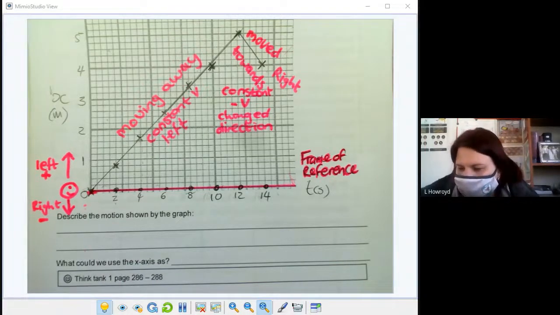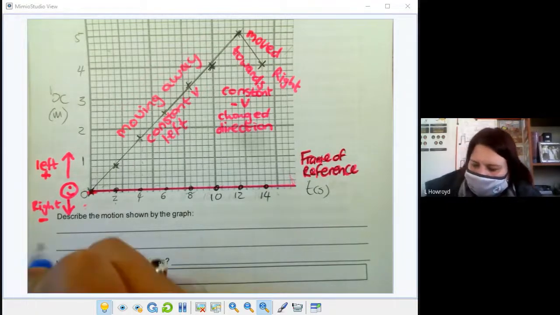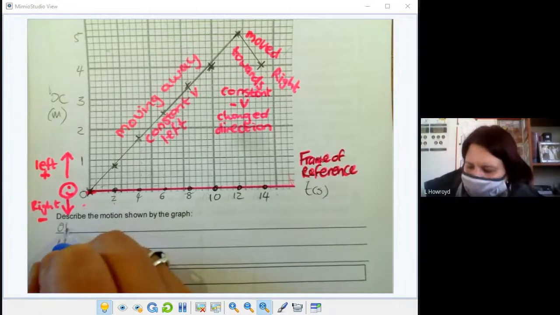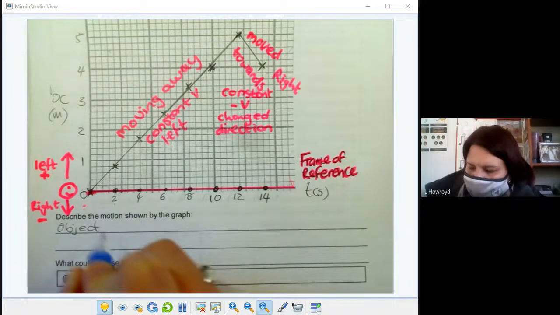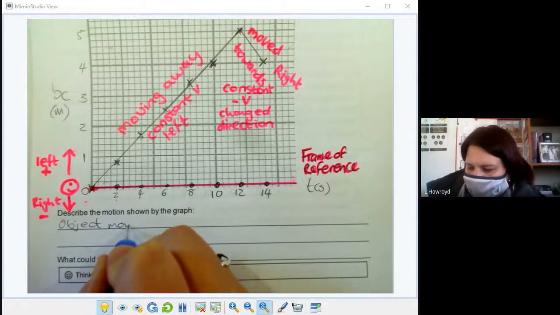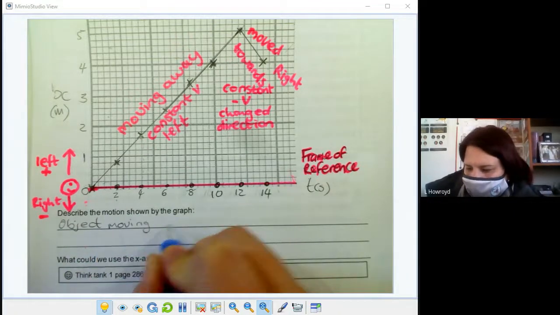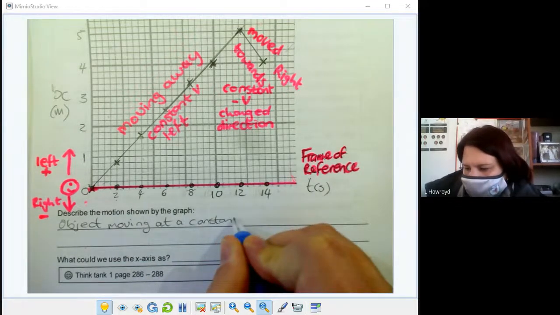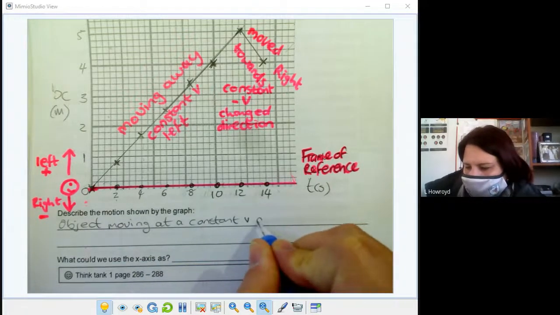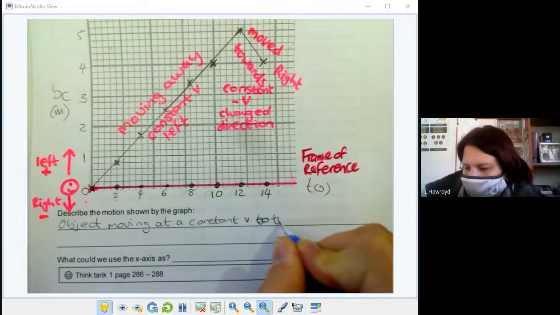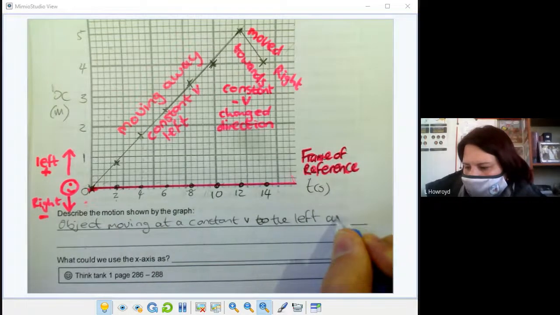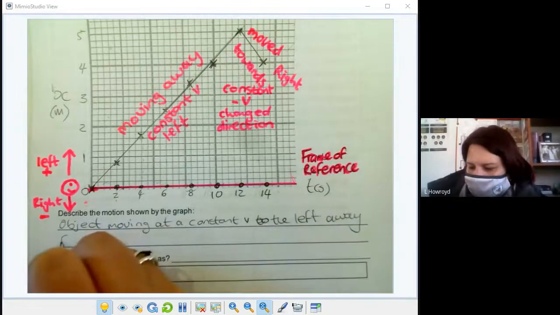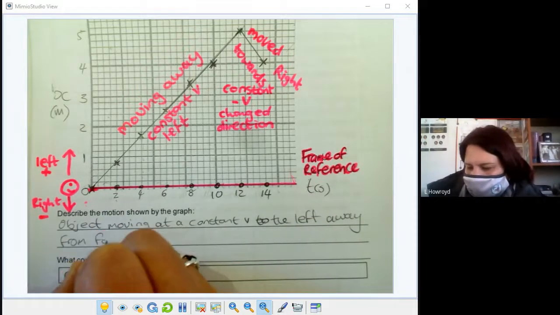Okay, so what I'm looking for is I would like you to have an object, let's just call it an object, or a person if you want to say person, moving at a constant velocity to the left, away from the frame of reference.